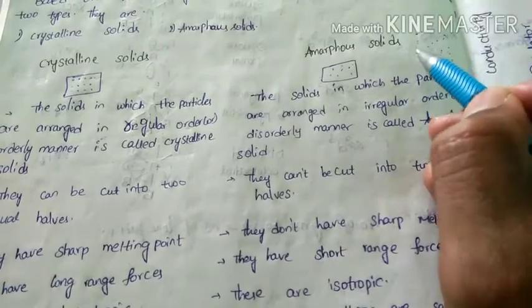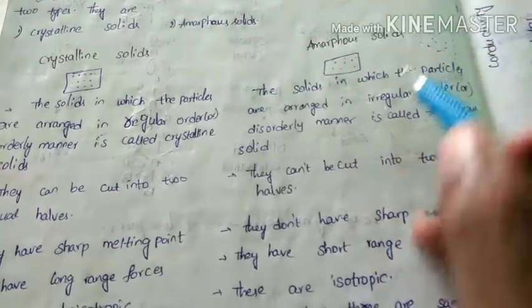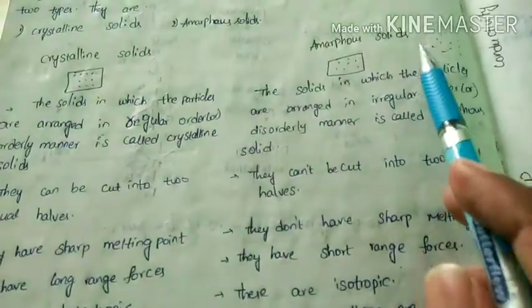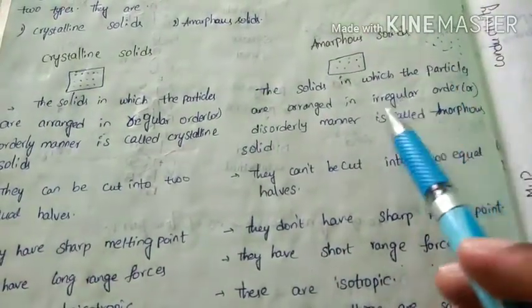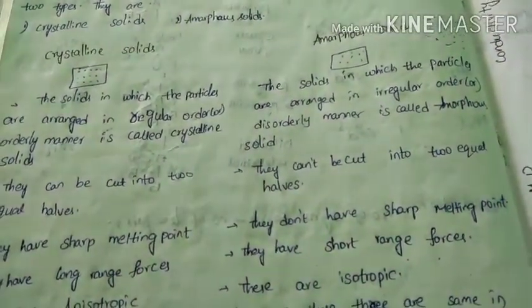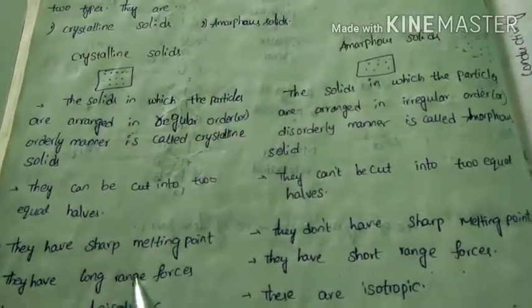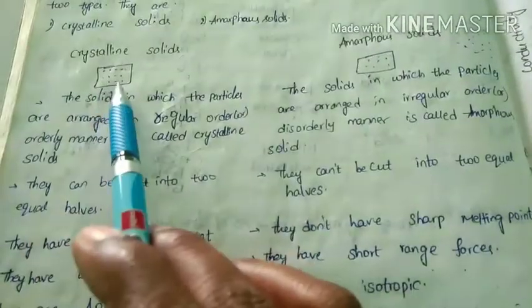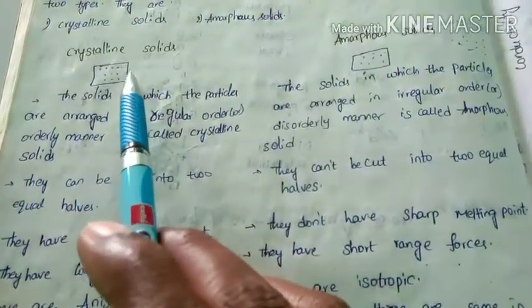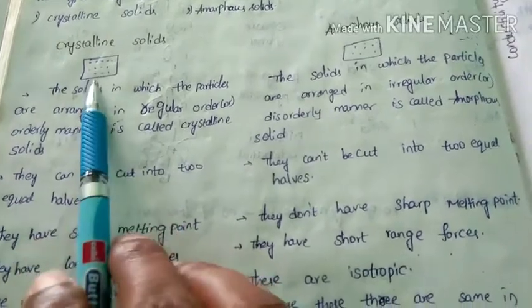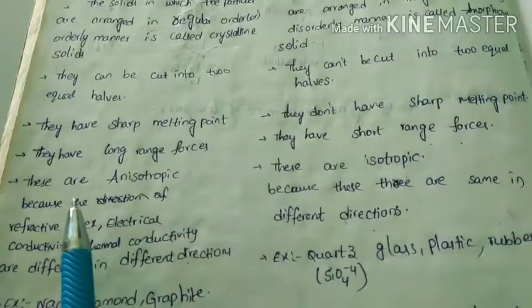If the gap is more, automatically attraction forces are less, so these are called short range forces, because the arrangement is irregular. Long range forces means throughout the entire crystal or solid, the attraction forces are the same because the particles are arranged in a regular manner.